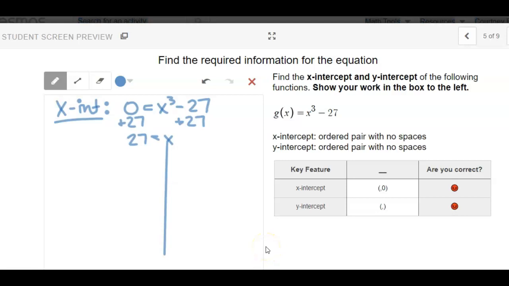There we go. Sorry, I don't know what that was. Let's go ahead and erase that giant long line. Okay. So we have x cubed equals 27.